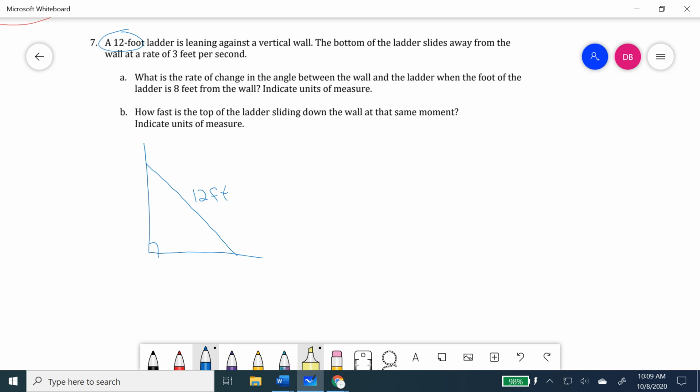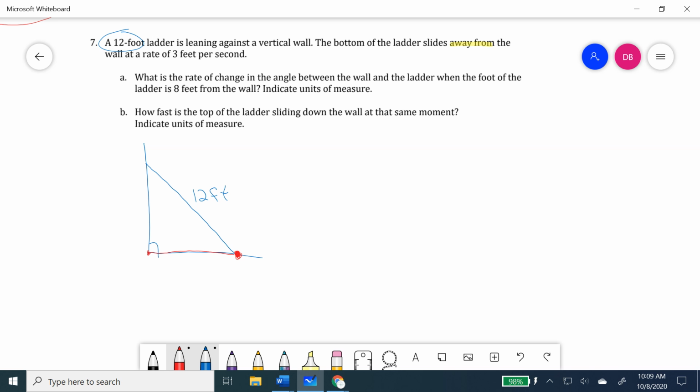The bottom of the ladder slides away from the wall. Now, realize when they say that, they're actually talking about just this point alone moving. But what we end up doing is we take a distance between that moving point that we know the rate of change for and a point that is not moving.